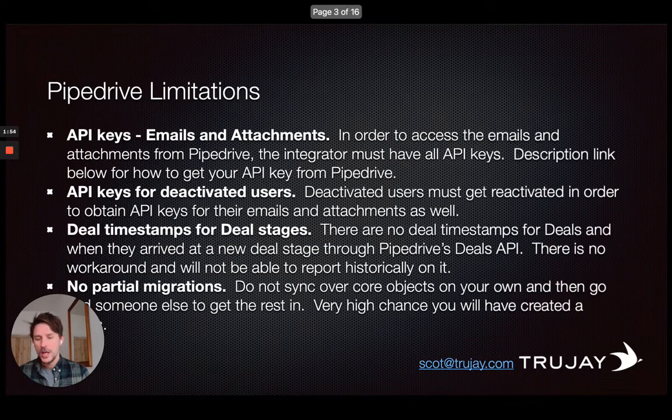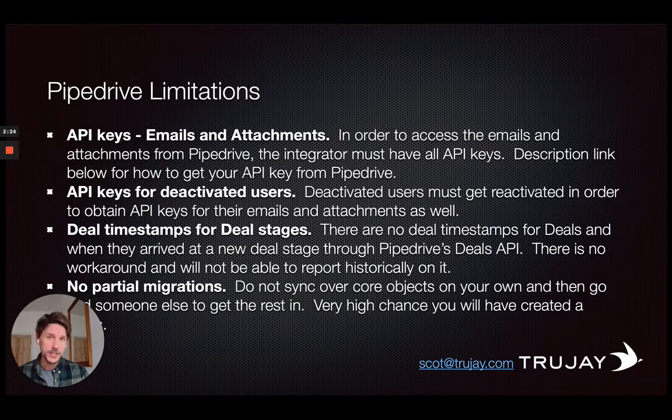So the limitations with Pipedrive. There are a few. Pipedrive is a little quirky in this respect, very different than other CRMs and APIs in how they're built out. In order for anyone to access any user of your Pipedrive instance, these are your employees using the system, in order for anybody to access the emails and attachments, they will need an API key.